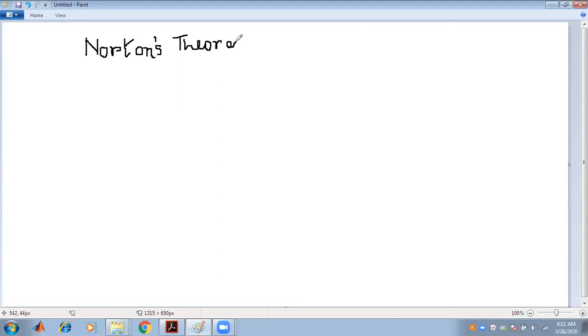Our problem is that we have to find the current. Let us take a circuit as the example. First of all, we are drawing the circuit in order to approach a Norton's problem.